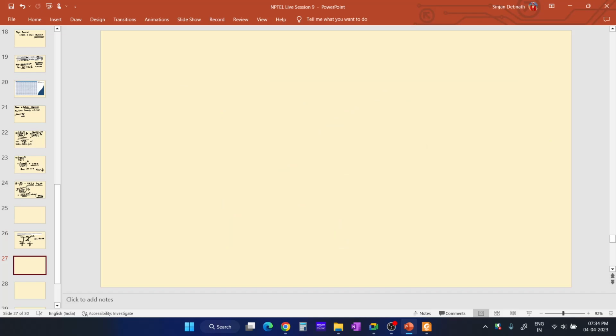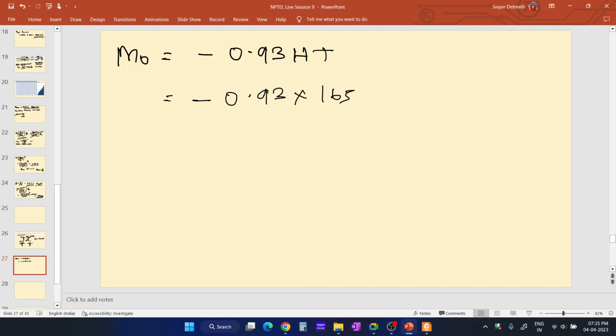Here, in the Matlock and Reese process, the counteracting moment M0, due to the fixity, is given by minus 0.93 HT. H is the horizontal load and T is the relative stiffness factor. So how much is M0? H is 165 kilonewton, already given in the question.